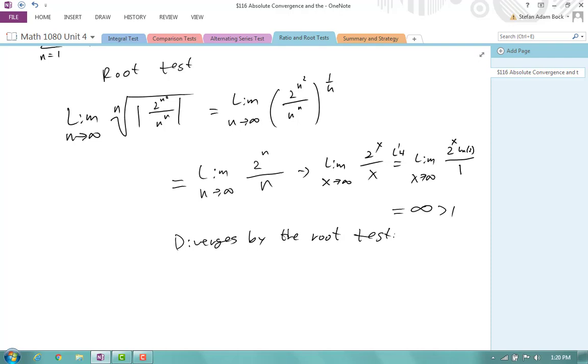But after that, sections 11.8 basically to the end of the chapter is almost exclusively going to be using root and ratio tests based on the type of series that we're going to be talking about. So certainly get these two known like the back of your hand, because they're not going to be too big on this test, but they're going to be very big for the rest of the material in the class.